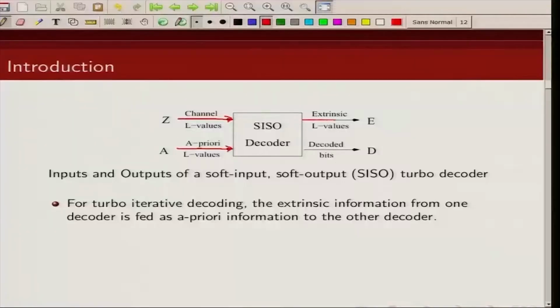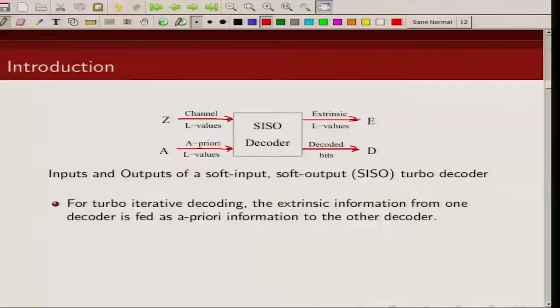It computes extrinsic values as well as APP L values, where you take a hard decision to get back your decoded bits.